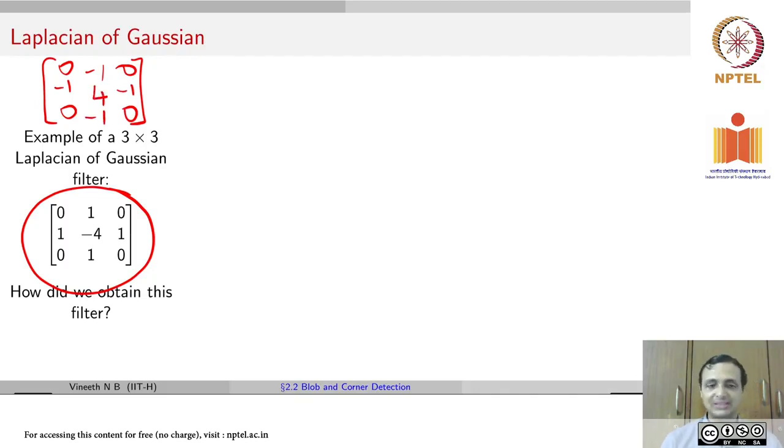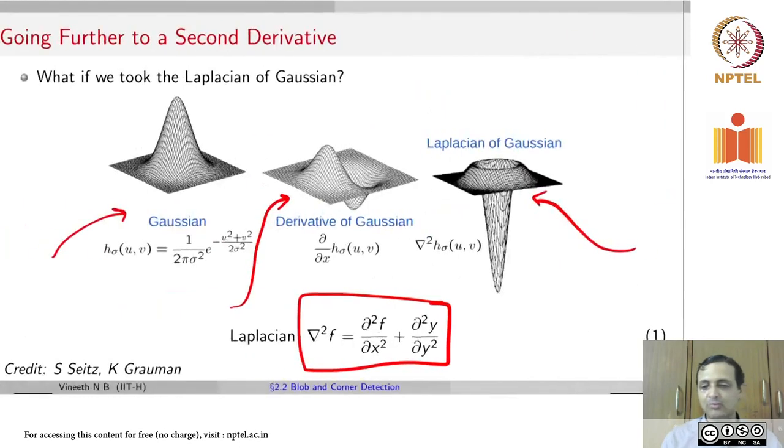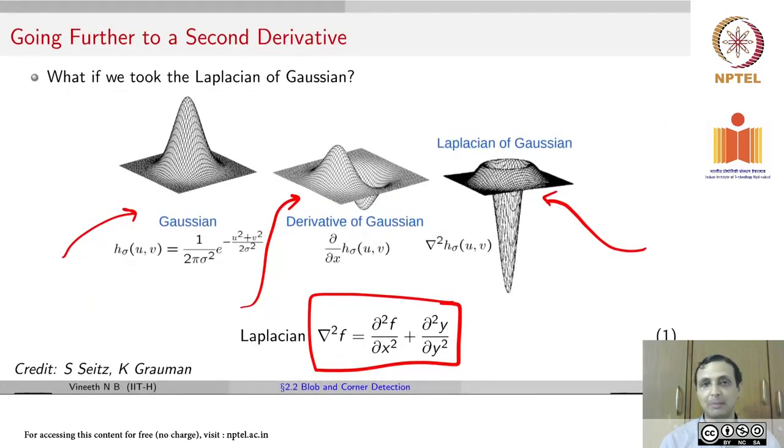So if you actually visualize this filter, you would see that at the center there is a peak. At its immediate nearest neighbors, there is a -1. There is a value that goes below, underneath your 0. And then there are zeros in other places. So this filter would be very similar to the shape of the Laplacian of Gaussian that we just saw on the earlier slide.